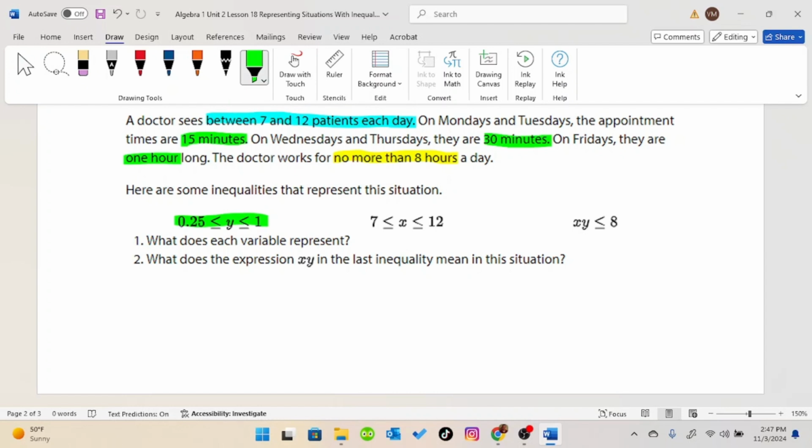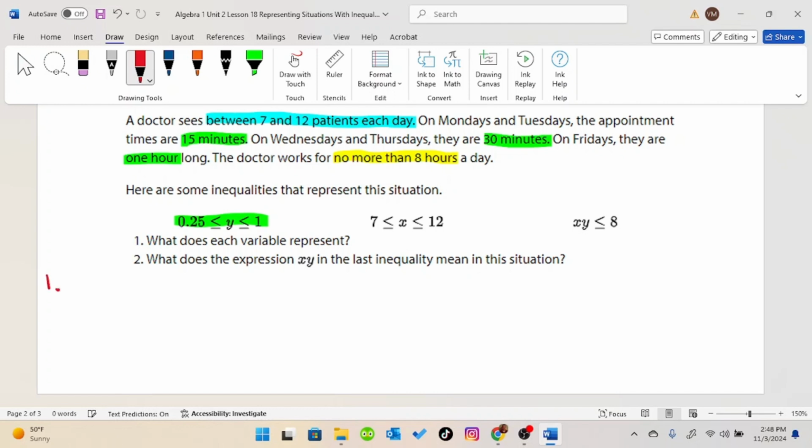And 1 hour would be represented by the 1. So the shortest appointment time is 15 minutes on Mondays and Tuesdays. The longest appointment time is 1 hour on Fridays, and the 30 minutes on Wednesdays and Thursdays is in between.